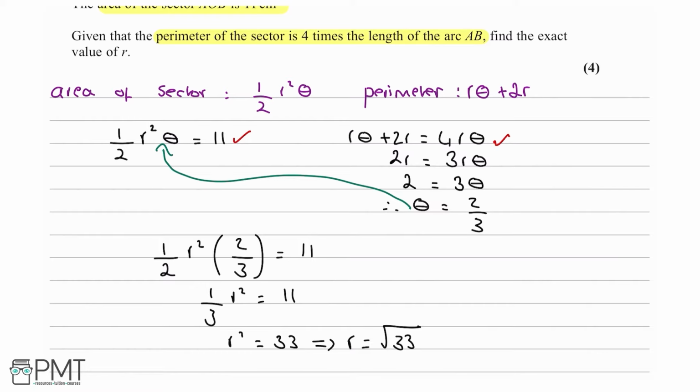Your third mark comes from being aware that you need to solve for theta equals 2 over 3 and attempting to substitute it back into your expression for half r squared theta equals 11. So this line over here is enough evidence to get you your third mark. Your fourth mark comes from correctly solving for r and getting r equals root 33. And remember, they wanted the exact value of r, so don't convert it to decimal or anything like that. Just r equals root 33.